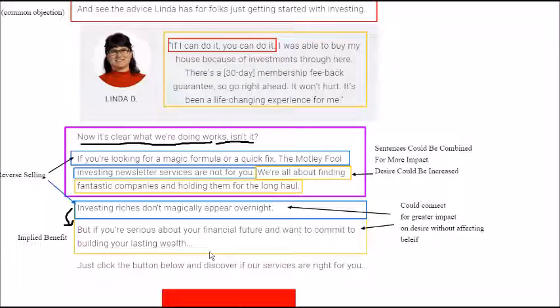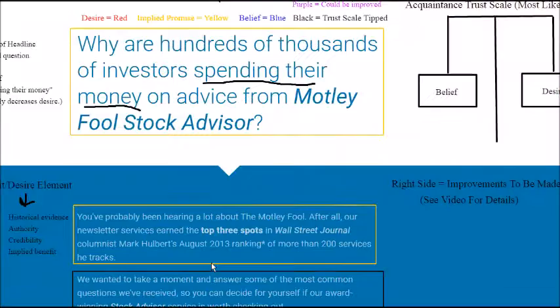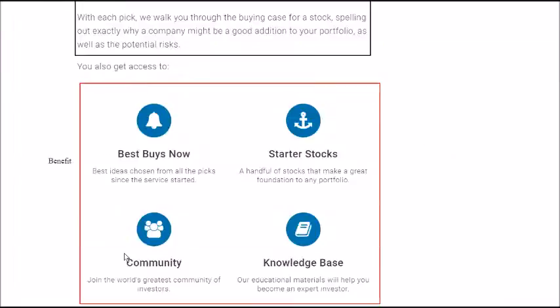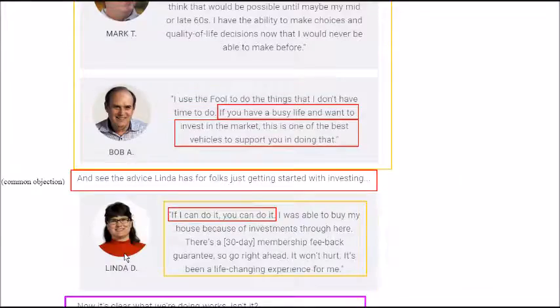So I think where this whole sales page could use an improvement is that it doesn't have an underlying theme that connects everything. I think that's where the biggest improvement could be.